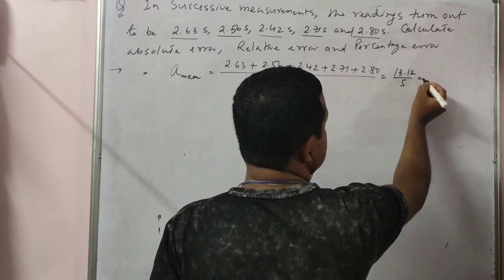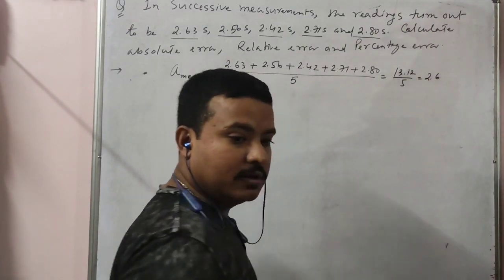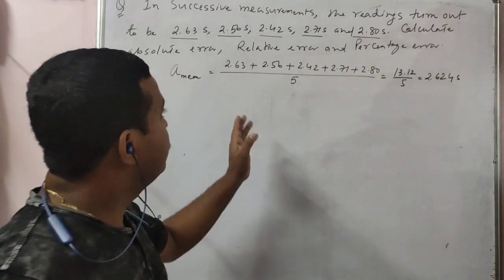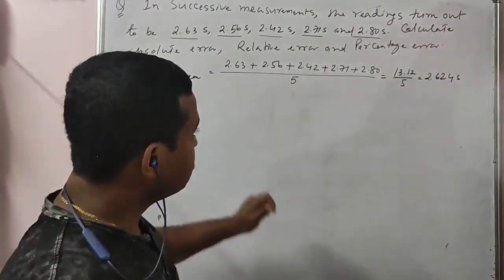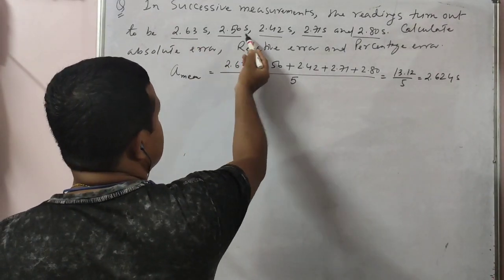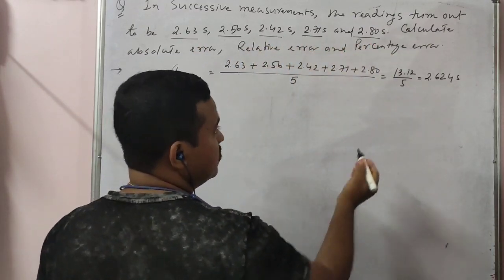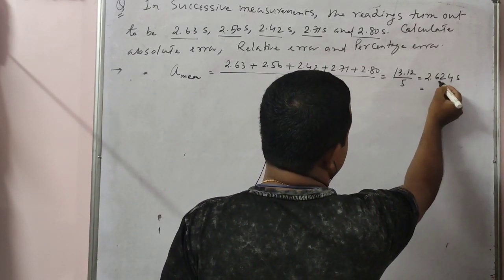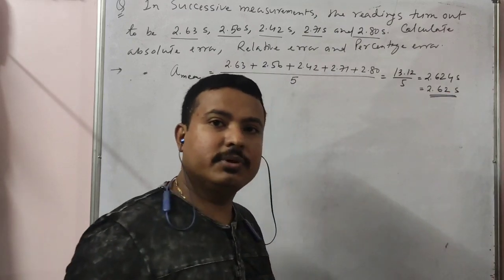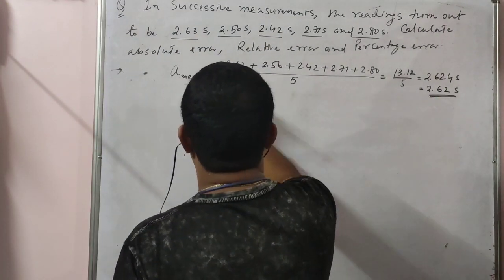If you divide, it comes to be 2.624 seconds. Now here you have to round off. I have already given you the rules of significant figures. Here all these measured values have two digits after the decimal point. So in the result also it should contain two digits after the decimal point. It will be 2.62 seconds, after rounding off up to 2 decimal places. Okay. So this is our true value or the mean value.